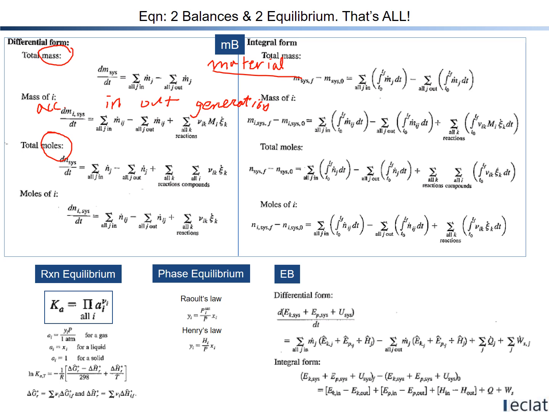So that is the material balance equation. The second one is the energy balance equation. Also the same thing. In minus out plus generation is equal to accumulation in terms of energy instead of materials. So we have two equations here, and the other two equations include reaction equilibrium and phase equilibrium.